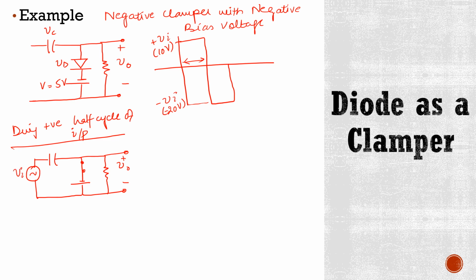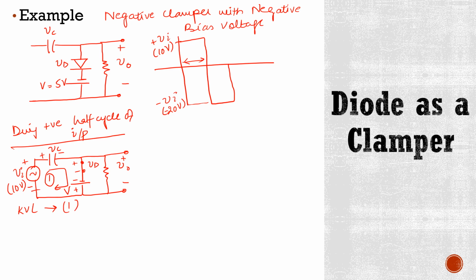It means this is positive, this is negative, and here we have 10 volts. This is VC and this is the direction of flow. So this terminal of VC is positive, this is negative, and this terminal of diode is positive, negative, this is VD, this is negative, this is positive, and this is V. Okay, this is loop 1. So again apply KVL to this loop 1.